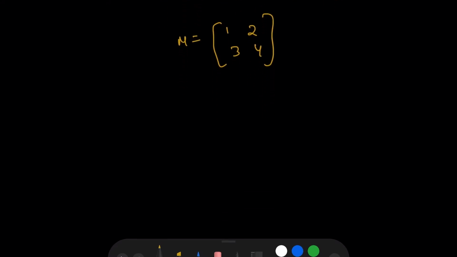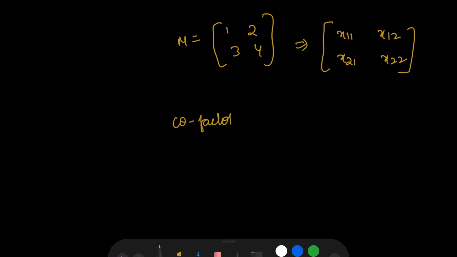So generally, if you wanted to find the cofactor matrix for a 2 cross 2 matrix, these elements can be represented as x11, x12, x21, x22, right? So the cofactor of the element x11 will be equal to, how do you find the cofactor?